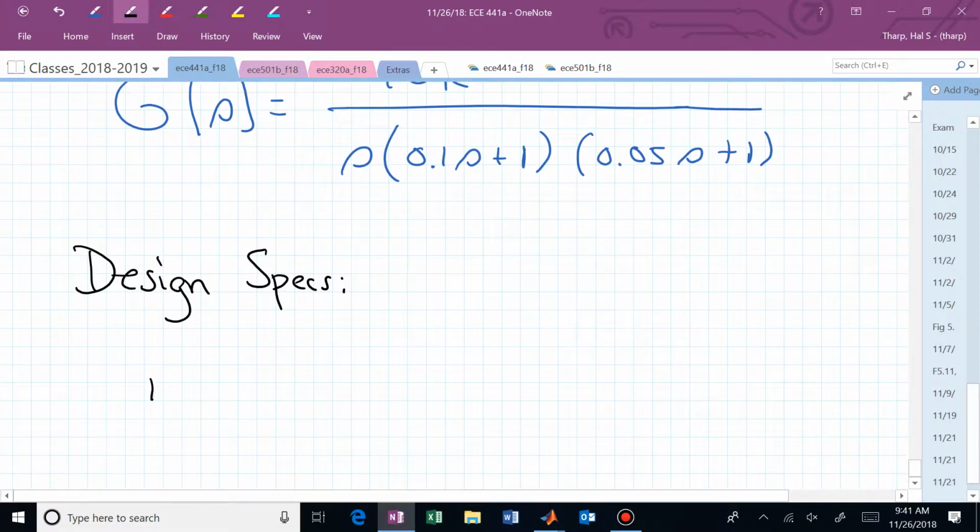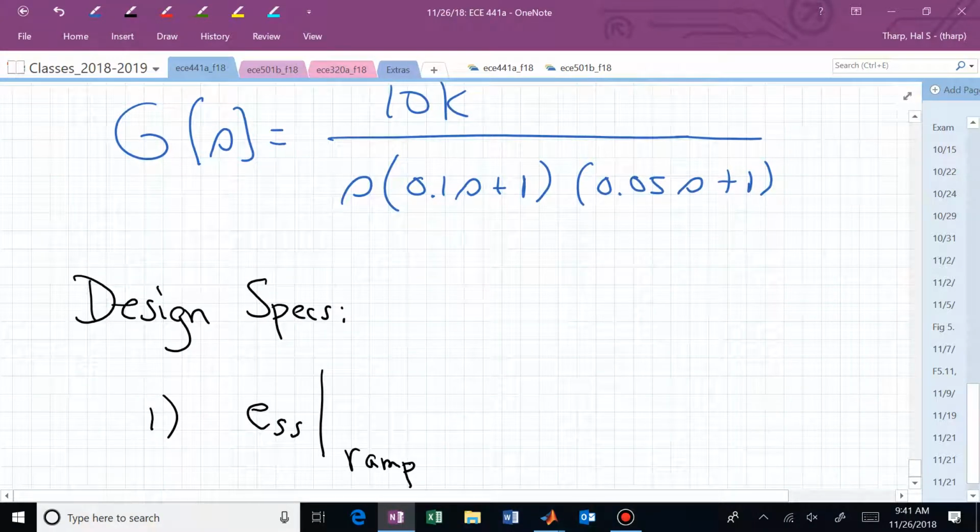They are as follows. One, they tell us the steady state error due to a ramp, because we know with this type 1 system, if our closed loop system is stable, then we're going to have zero error due to constant inputs. So we're really interested in non-zero errors due to a ramp.